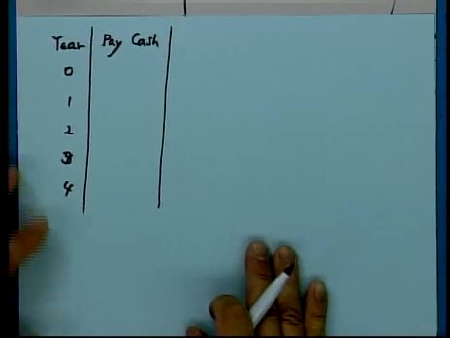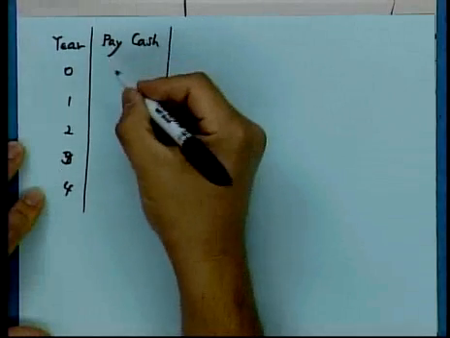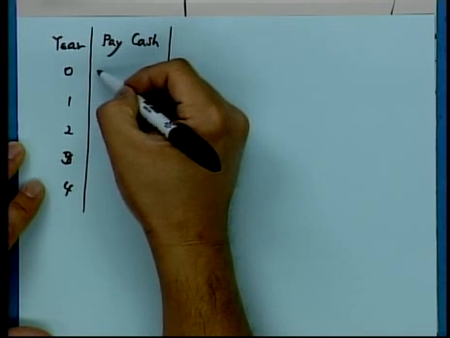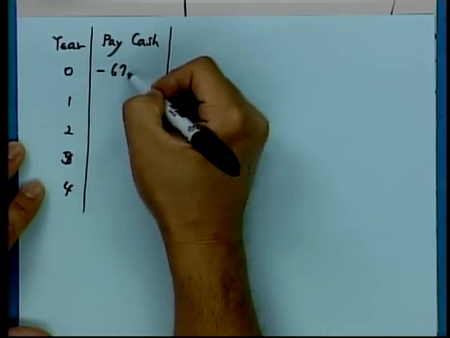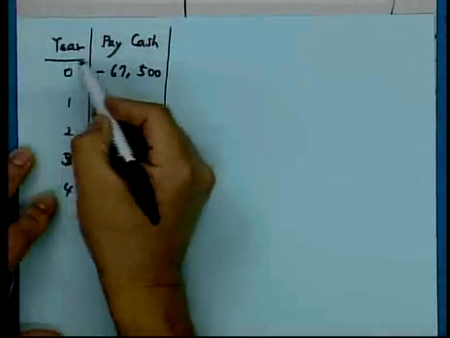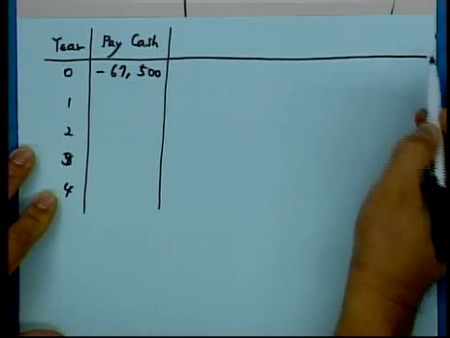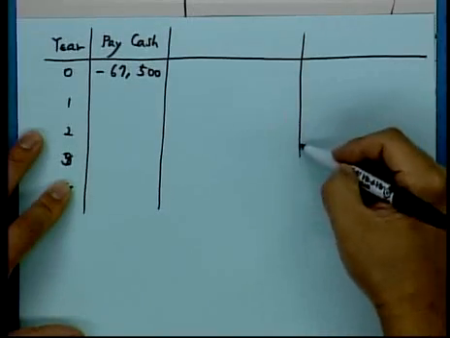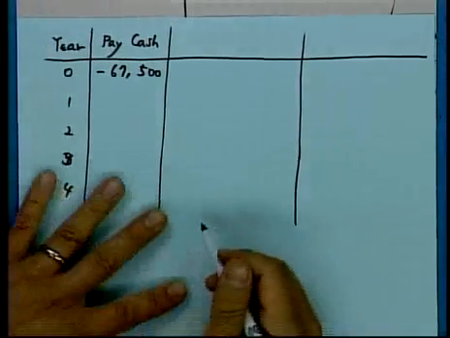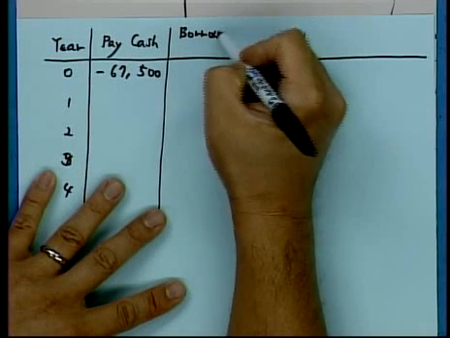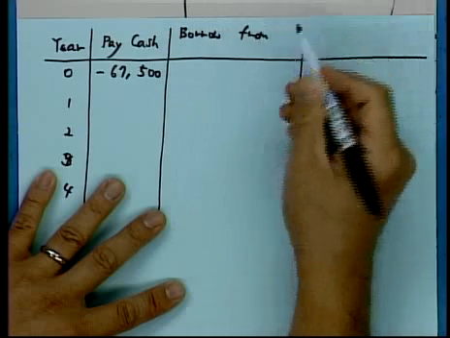So here I'm going to put the true value of equipment, which is $67,500 from this. Okay, and then in the next column, I'm going to put borrow from manufacturer.